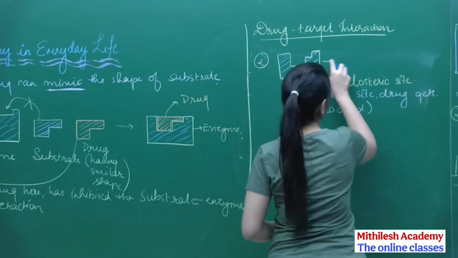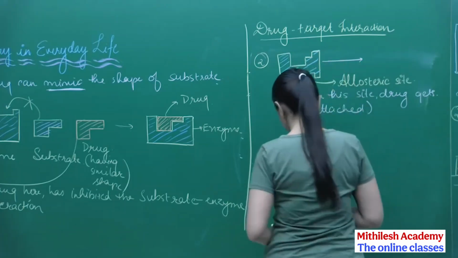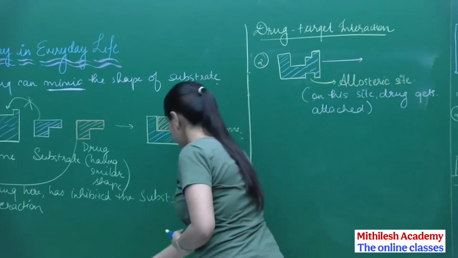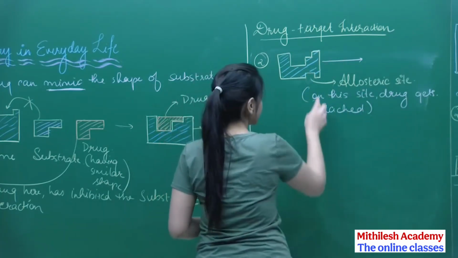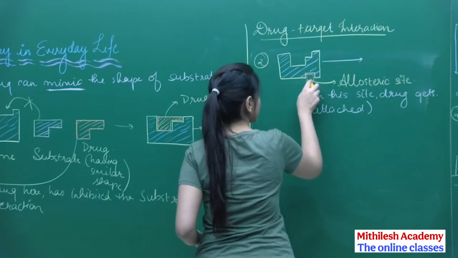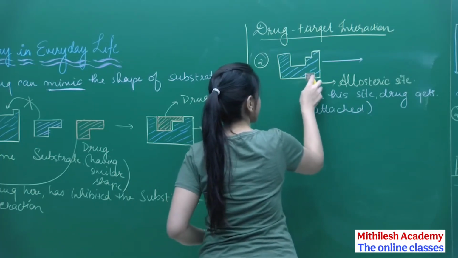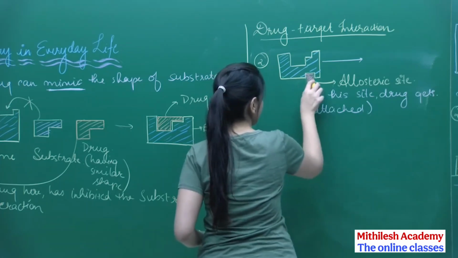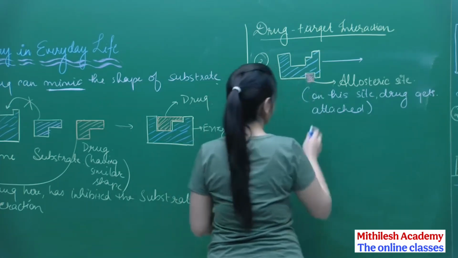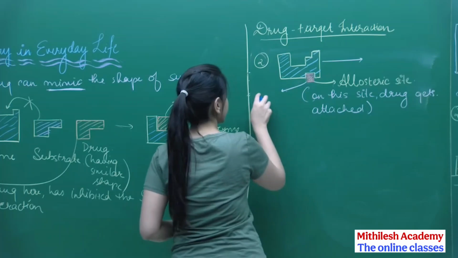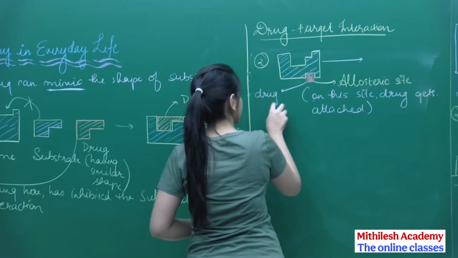So here, after attachment, let me just draw an attachment over here. I just need to show you. So maybe there is the drug which is getting attached. That is the drug. I hope that is clearly visible to you. Drug attached here.